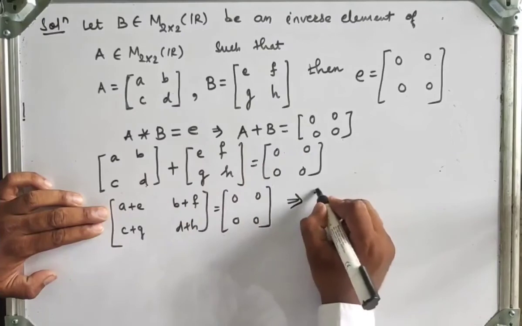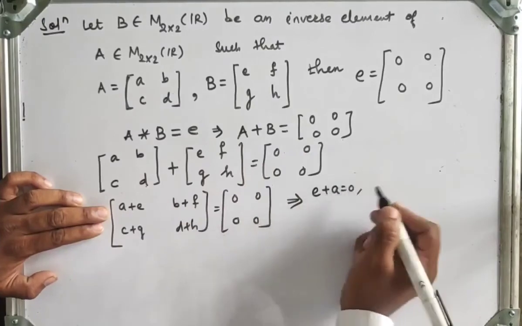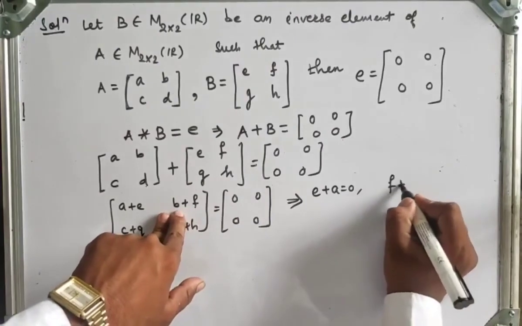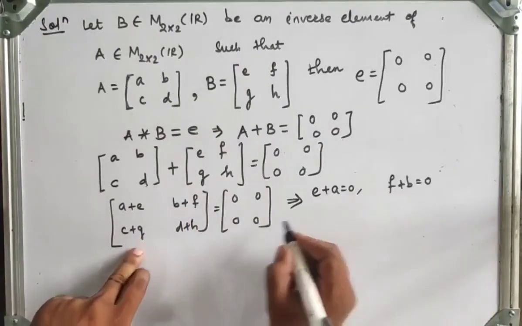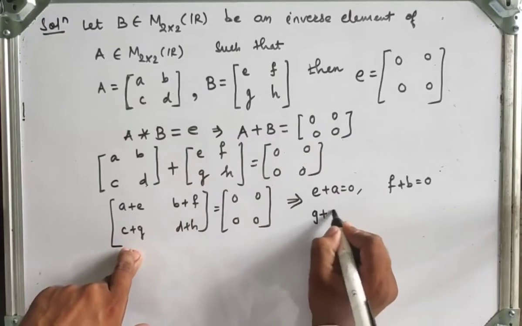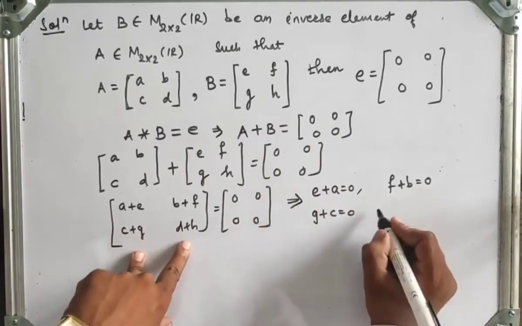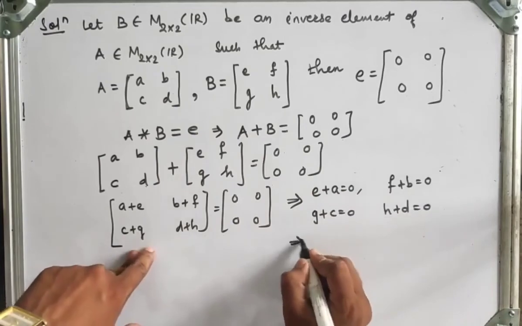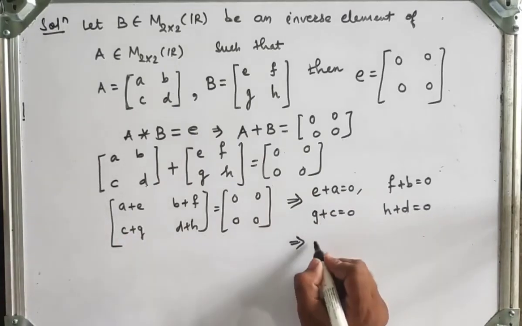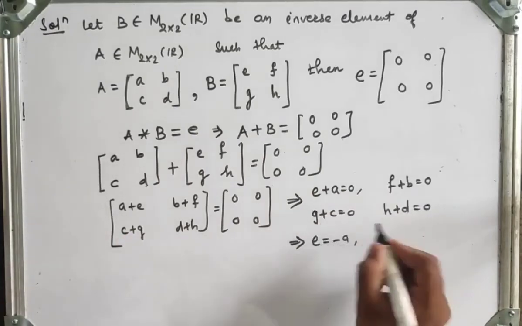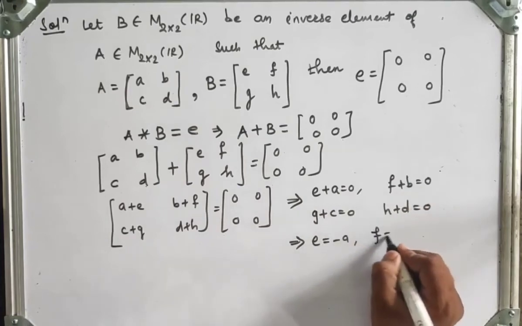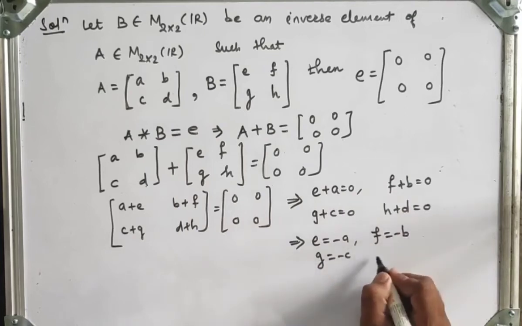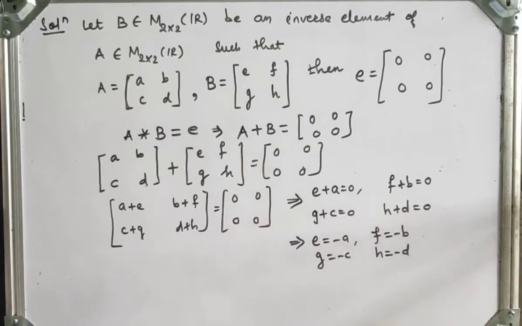So we get E plus A is equal to 0. Next F plus B is equal to 0. Next G plus C is equal to 0. Next H plus D is equal to 0. After solving this, what will we get? E is equal to minus A, F is equal to minus B, G is equal to minus C, and H is equal to minus D.